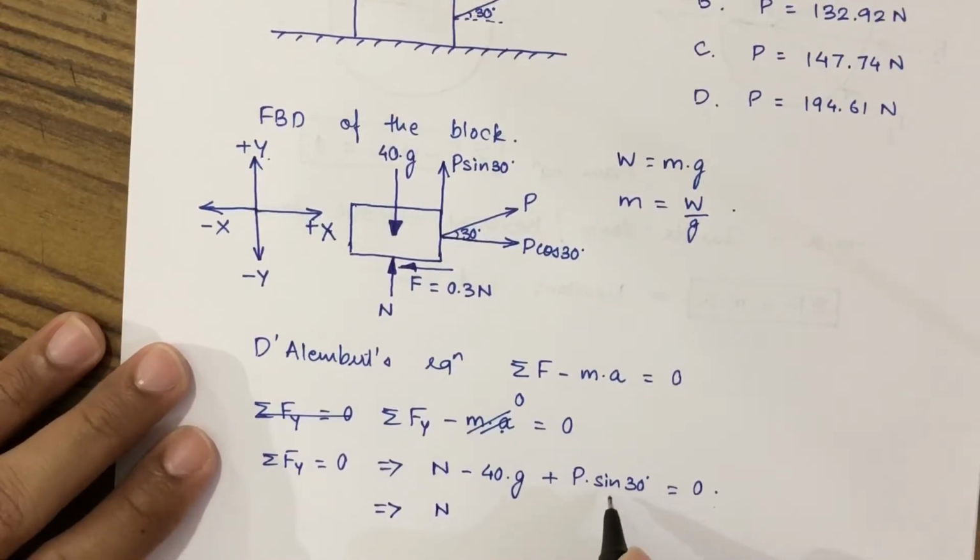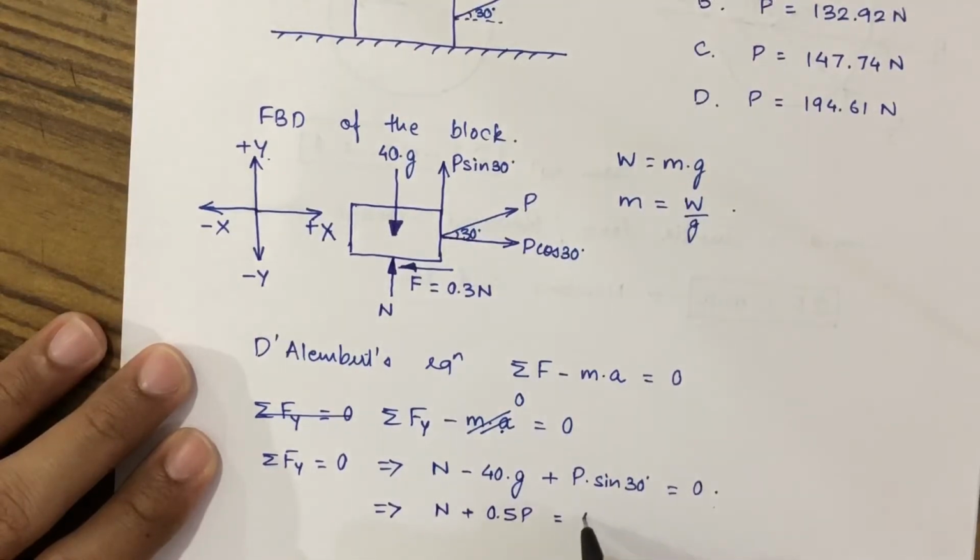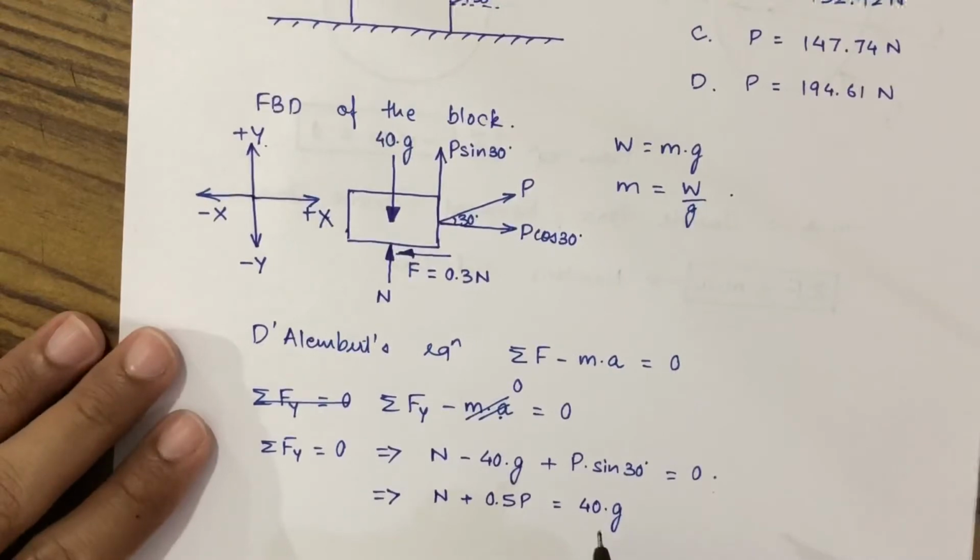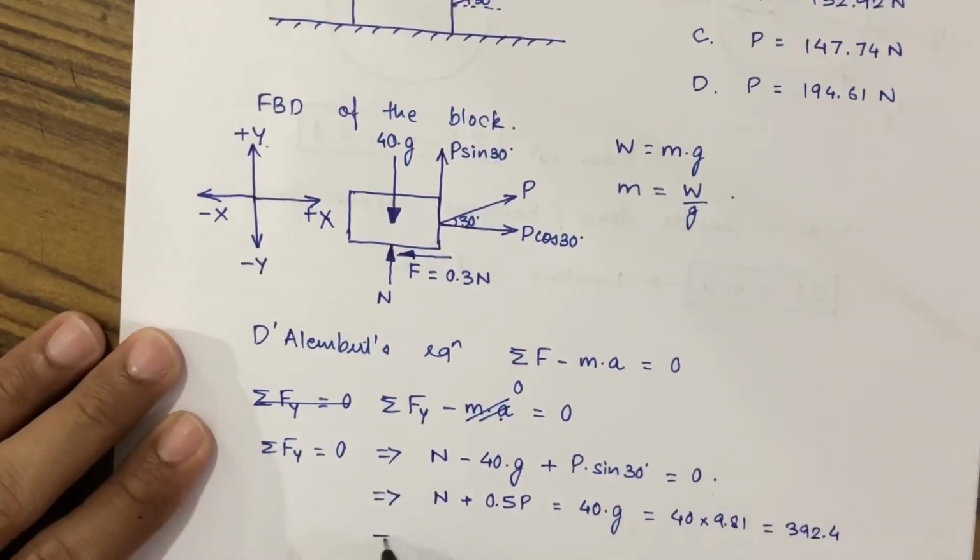Sine 30 is 0.5. So N plus 0.5 P is equal to 40 into g, or 40 into 9.81 because g is given as 9.81. So this can be written as 392.4. So N plus 0.5 P is equal to 392.4. This is the first equation.